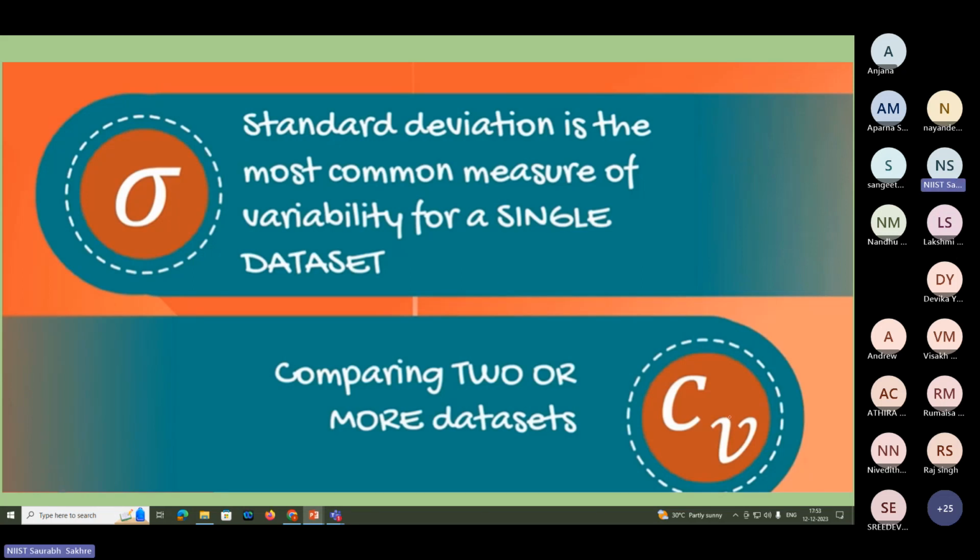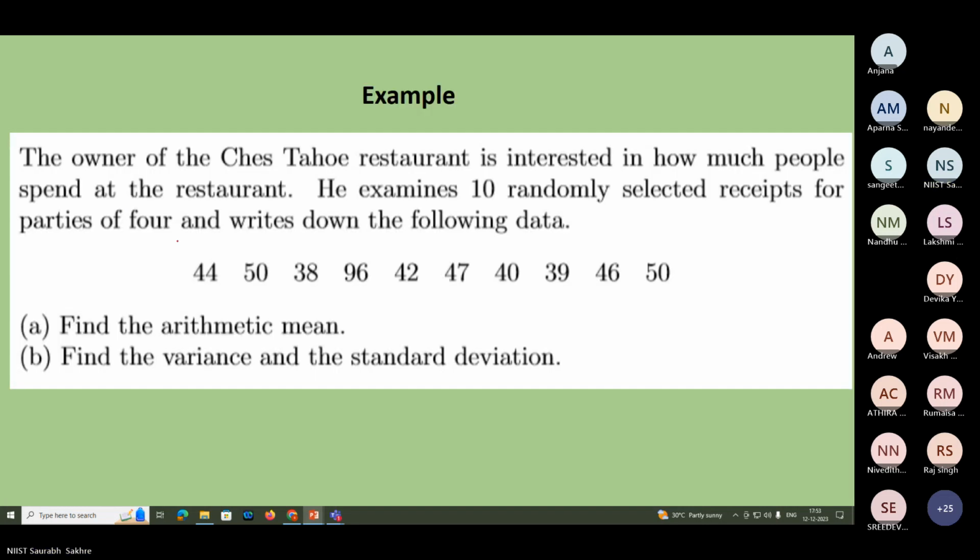But if two or more data sets are there and I want to see the variability between them, I will use CV, the coefficient of variation. So CV we use when there is more than one data set and I want to see the variation between them. If I want to see within a data set, it will be standard deviation. I hope the use of standard deviation and coefficient of variation is clear to you. Now we will see one last example.